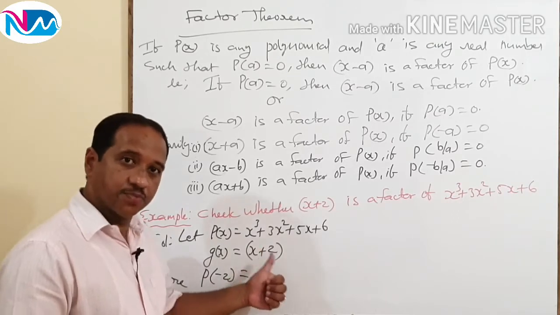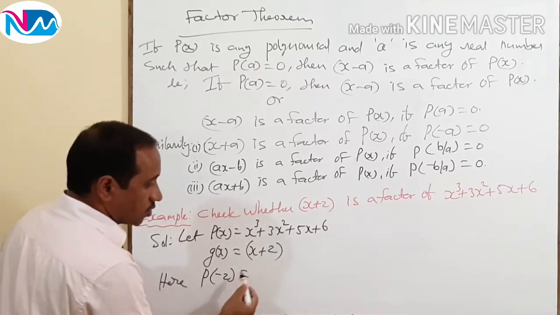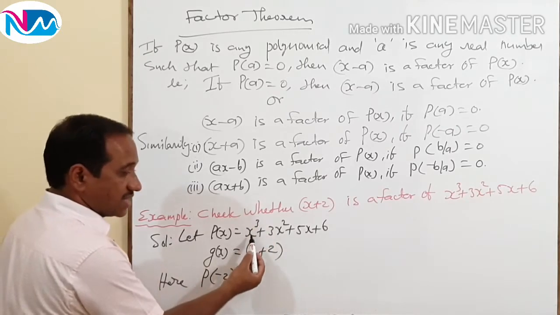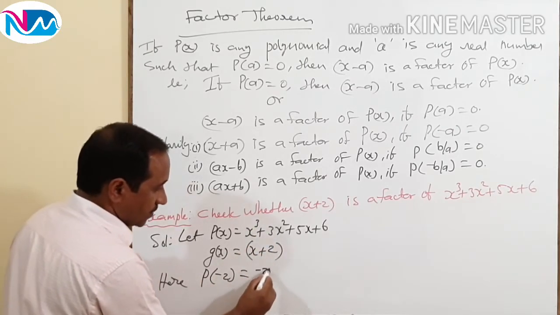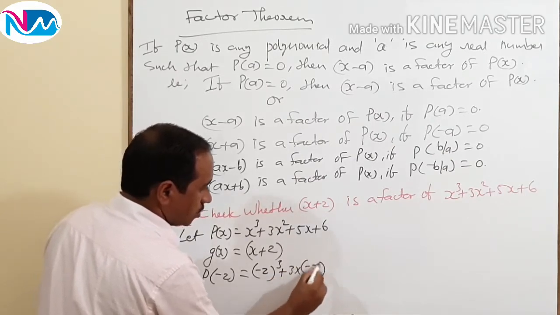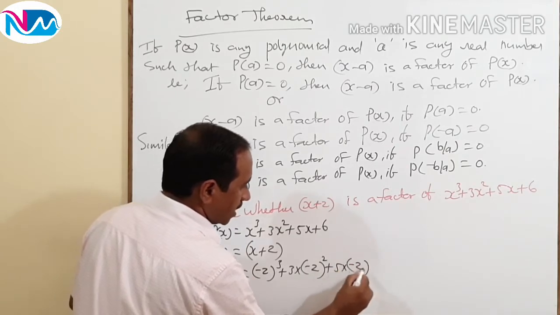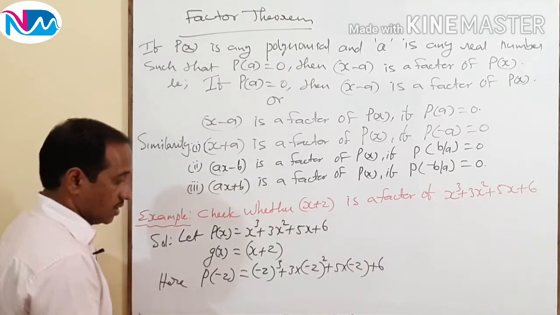Here it is x plus 2, so we take p of minus 2 is equal to, we will replace x with the minus 2. So minus 2 cube plus 3 into minus 2 square plus 5 into minus 2 plus 6.